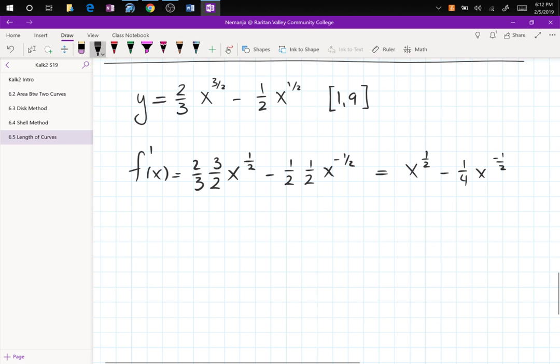Because if you have x half, since you're subtracting, it's going to be positive. Yeah.